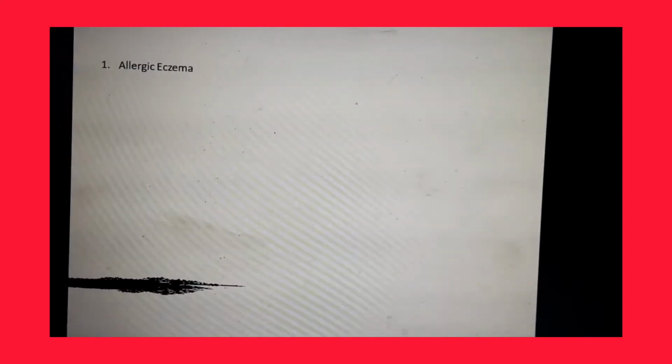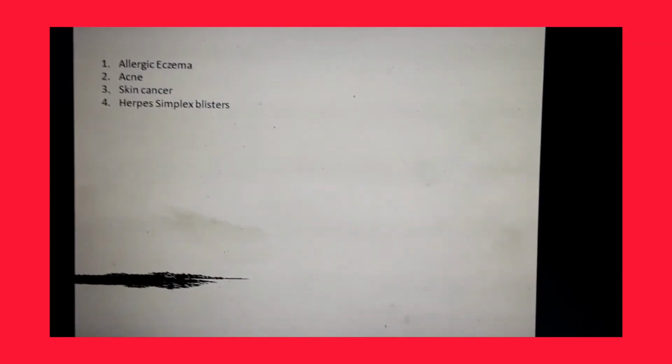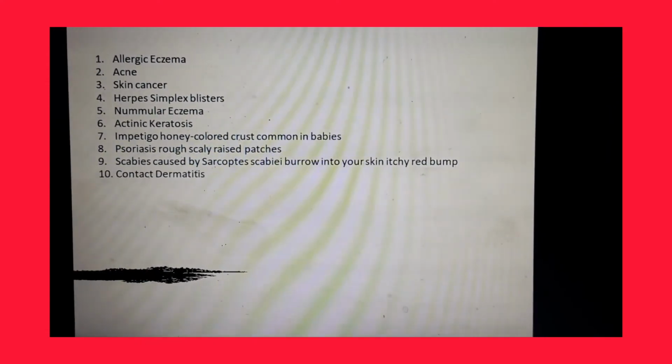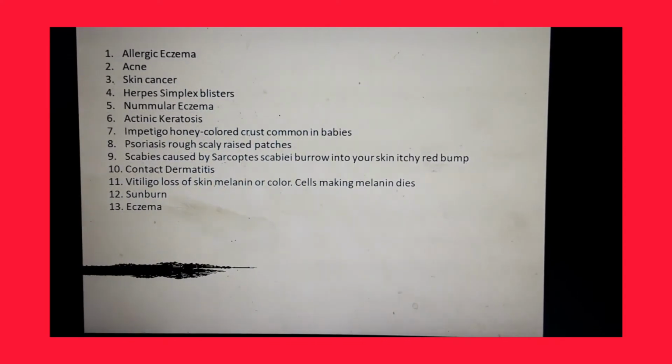There is the allergic eczema. That's the description of the skin when it is discolored. There is also the acne, pimples. That is very commonly known. The skin cancer, epicycles, blister, nodular eczema, impetigo, rashes, scabies, contact dermatitis, vitiligo, loss of the skin melanin.